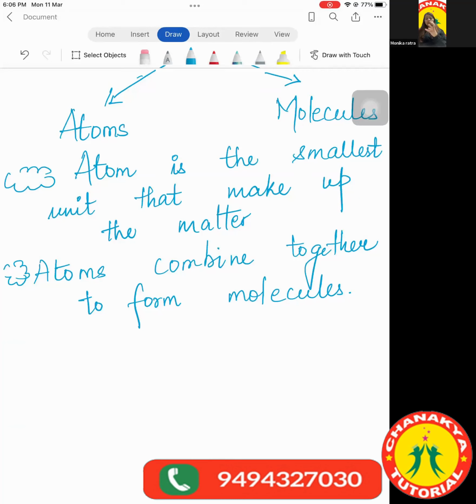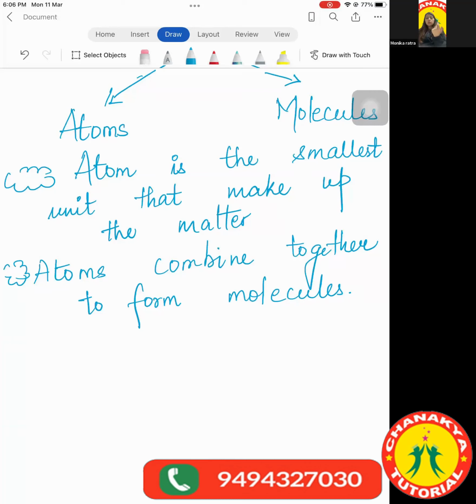But later, taking the example of glass, it was concluded that matter is actually not continuous but made up of small particles. Now, what were those small particles? Tell me. The small particles were atoms and molecules.